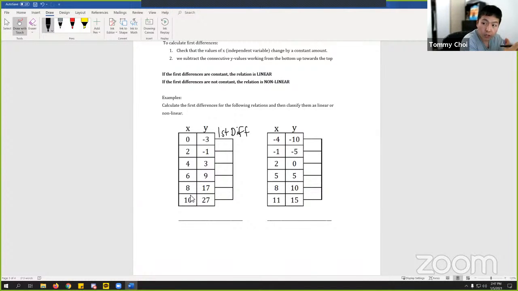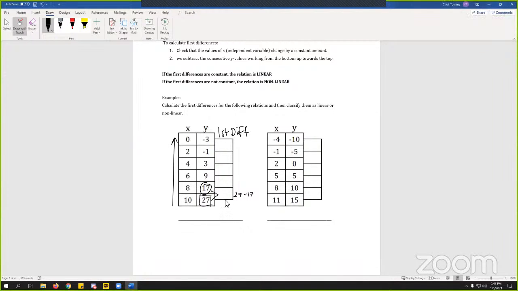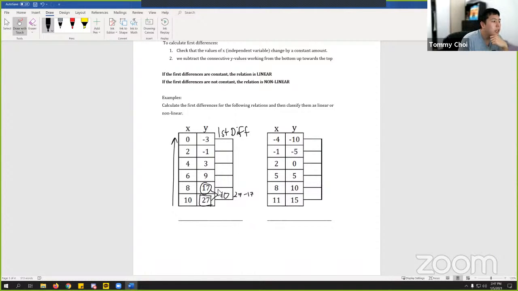So now we can calculate the first differences. Looking at the first differences here, we go from bottom up. So with these two, we take the bottom number first and subtract the top number. So this would be 27 minus 17. Bottom up, we're going this way on the y values here. Answer is 10. So we're going to put in 10 there. The next one is 17 minus 9.